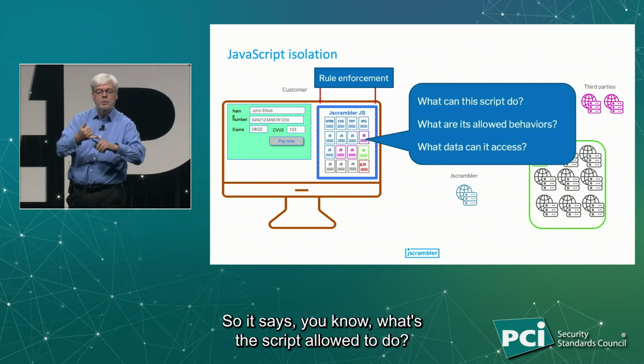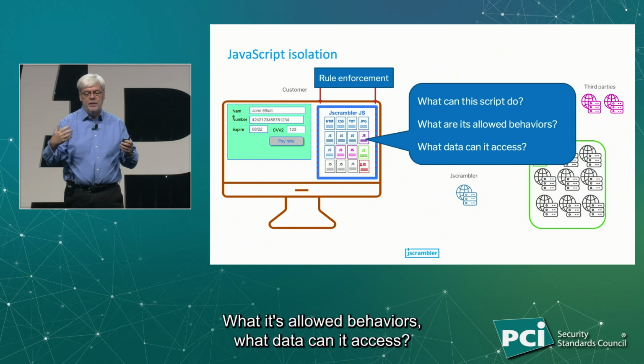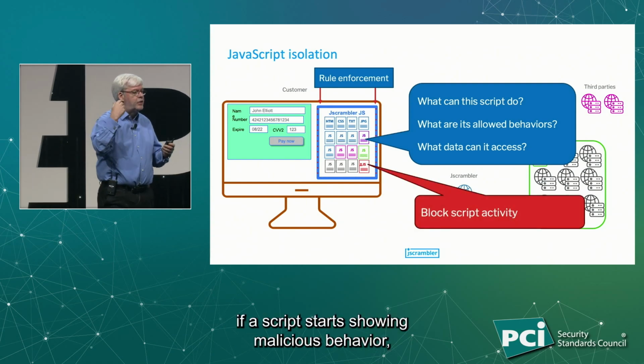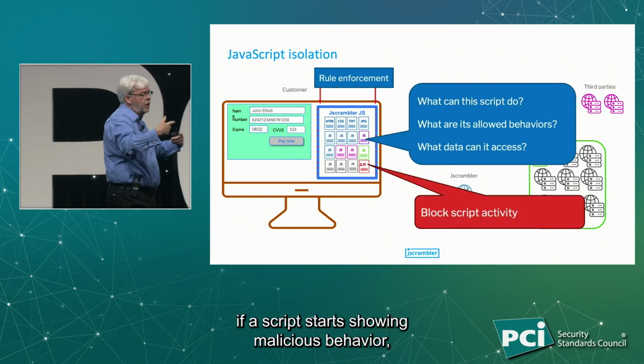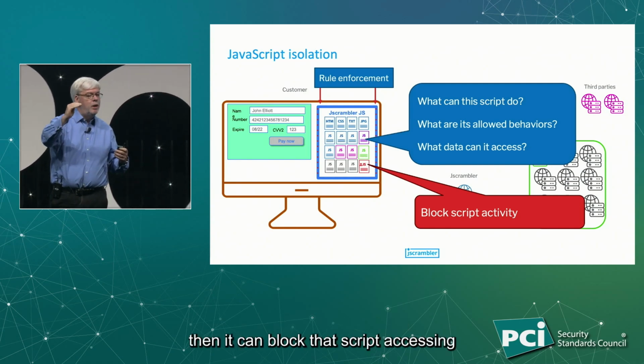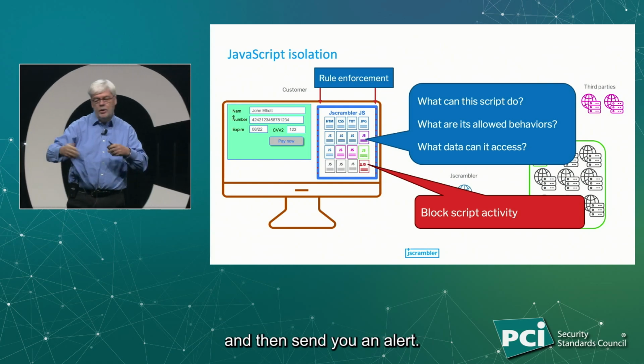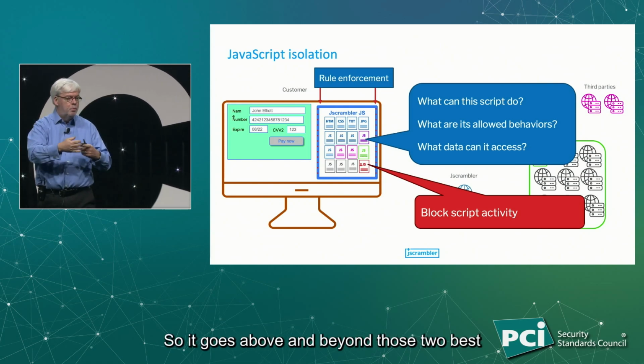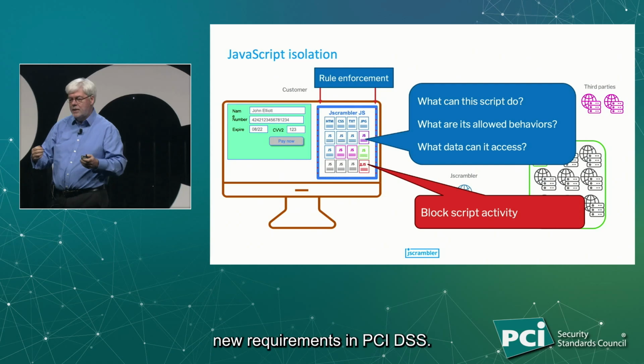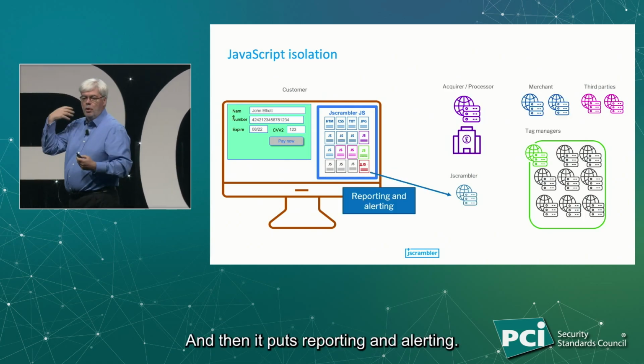So it says, what's the script allowed to do, what are its allowed behaviors, what data can it access. But more importantly, if a script starts showing malicious behavior, then it can block that script accessing that cardholder data in real time and then send you an alert. So it goes above and beyond those two best new requirements in PCI DSS. And then it provides reporting and alerting.